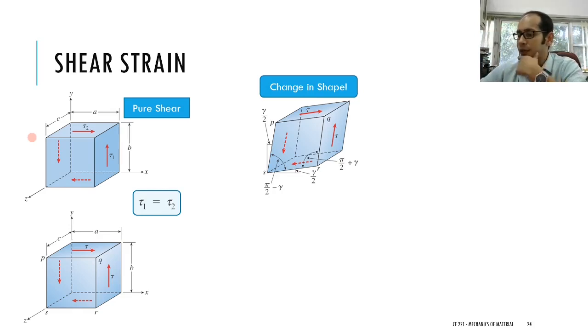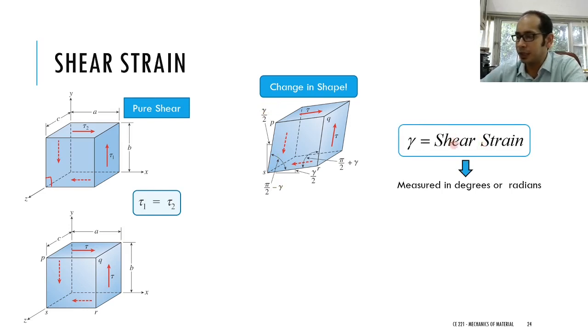Whatever was straight now has a change in angle. You have maybe a gamma by 2 over here, a gamma by 2 over here, right? And whatever was pi over 2, 90 degrees to begin with, is now pi over 2 minus this particular gamma. So this particular quantity is known as the shear strain.